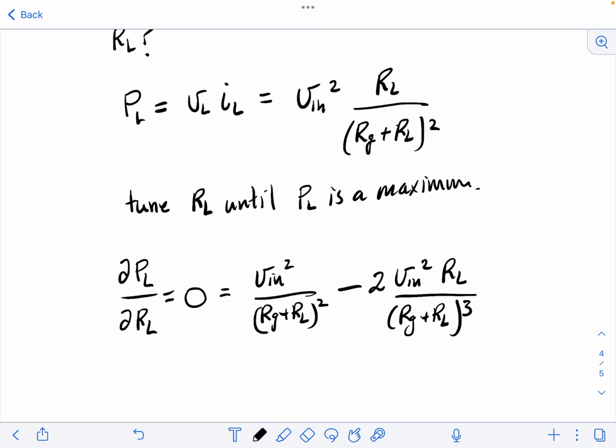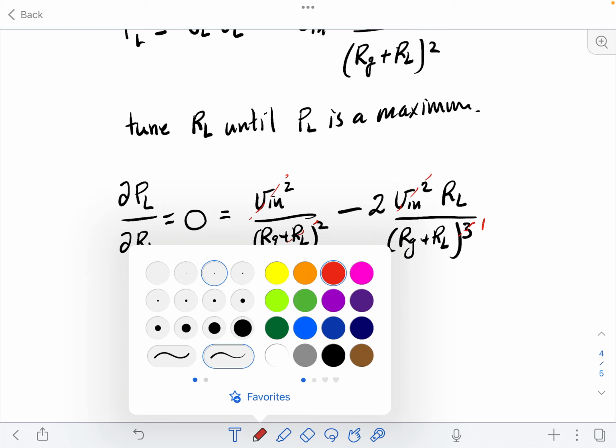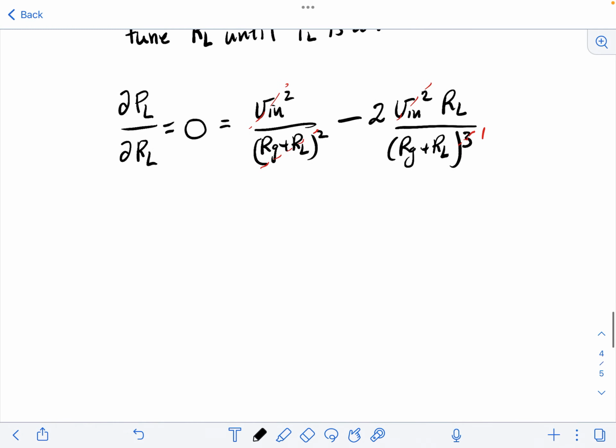Okay, and so we want that equal to 0. Both terms have a Vn squared, so we can cancel those. Both terms have a 1 over Rg plus RL squared, so we can get rid of that, and so the power becomes 1 in the second term. And so what we're left with, therefore, is 0 is equal to 1 minus 2 RL over Rg plus RL.